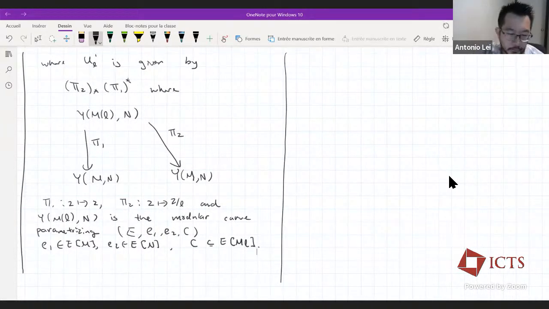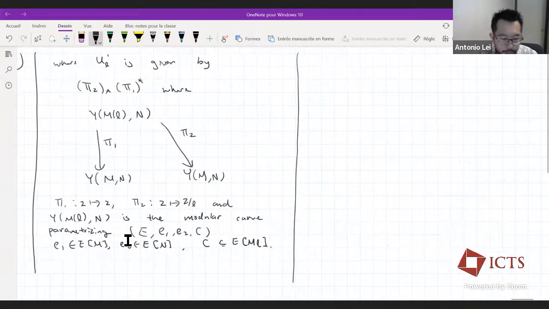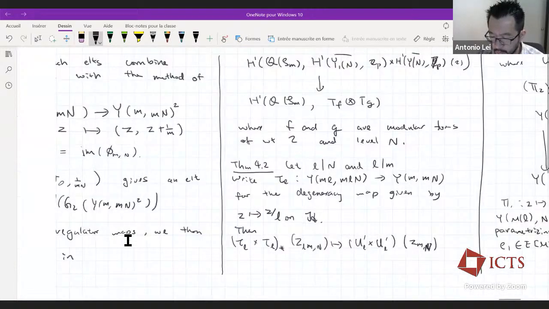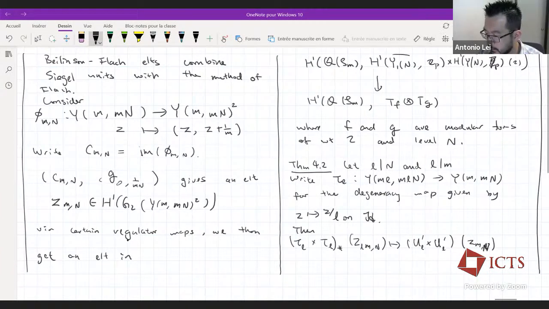So in other words, what happens is that once you know that you have this relation, this relation is not like the usual norm relation that we want. The usual norm relation would just send, when L divides M and N, your element to the element downstairs. So what happens is that if you define your elements like I said earlier, sorry, I didn't give it a name, right?